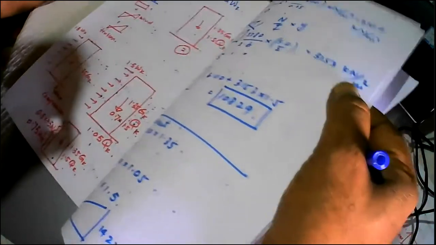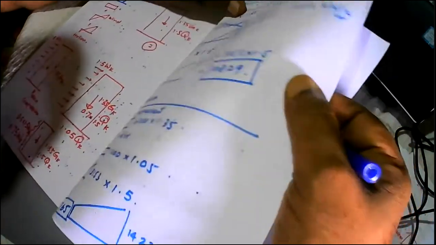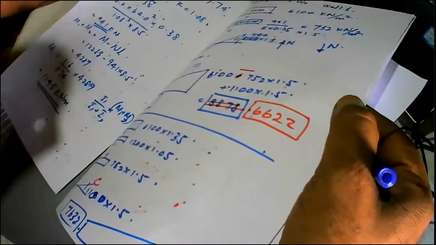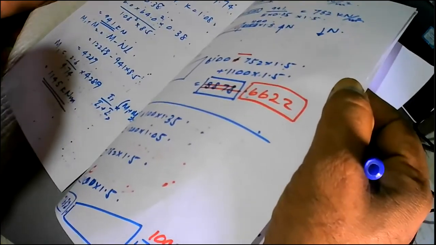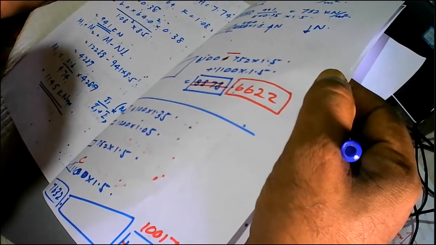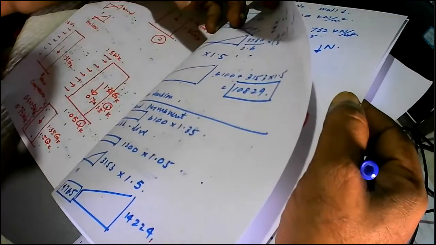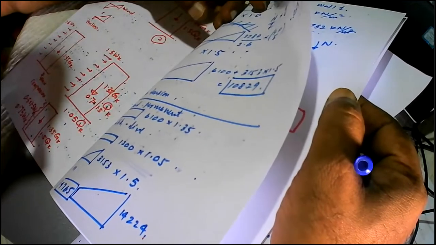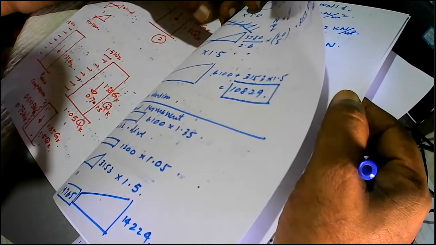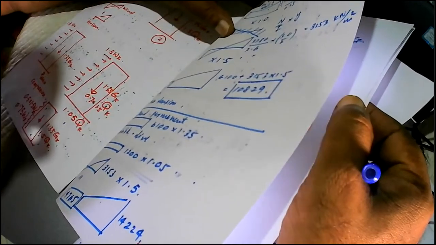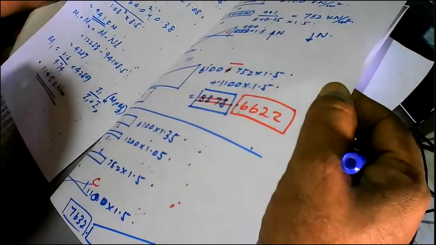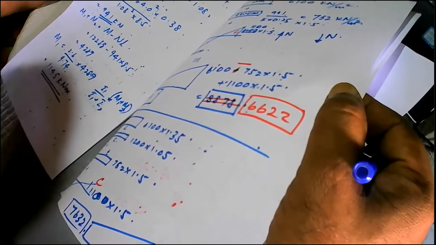Let's take an example, and if you look at the wall that we designed last time, we got moment values in the range of 12,000.